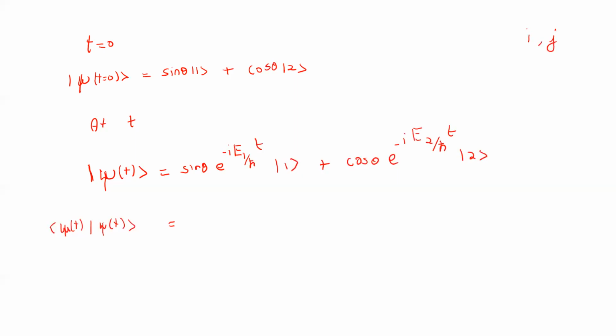So what we'll do now is multiply them out, and we'll have cross terms. First we'll get the square term, sine square.